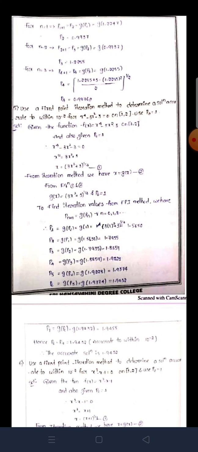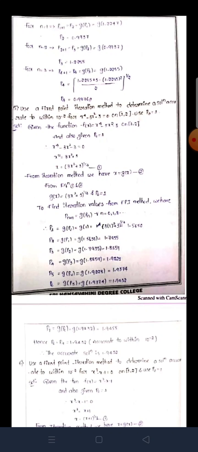P5 is equal to g of P4 is equal to g of 1.9228 equals 1.9374. P6 is equal to g of P5 is equal to g of 1.9374 equals 1.9432.